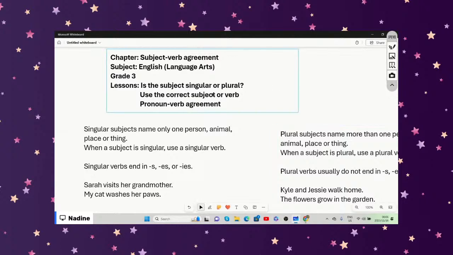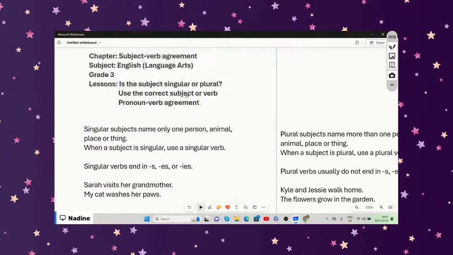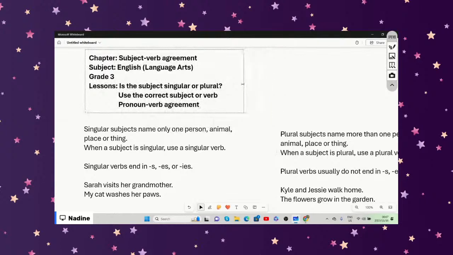are: is the subject singular or plural, using the correct subject or verb, and pronoun verb agreement. So this is going to be our chapter and the lessons that we're going to be focusing on today.